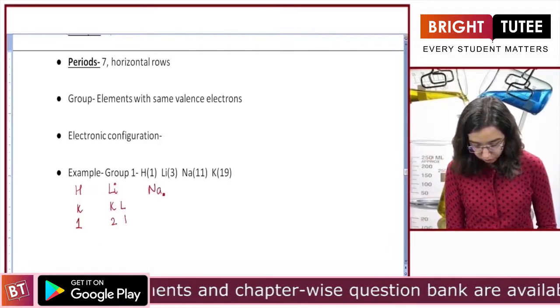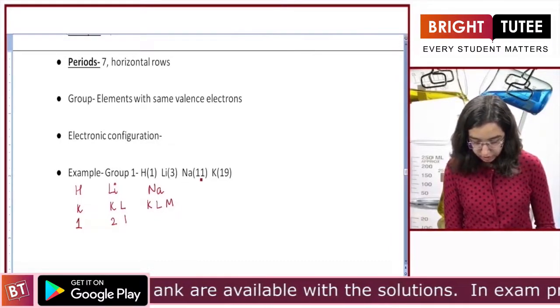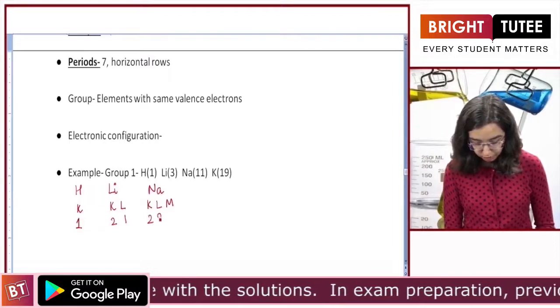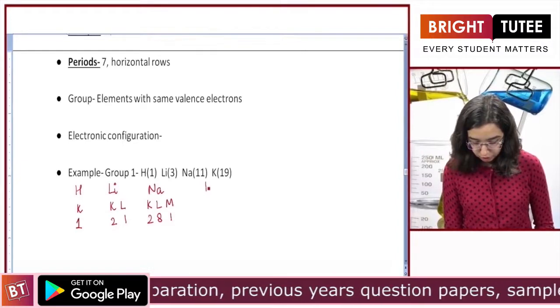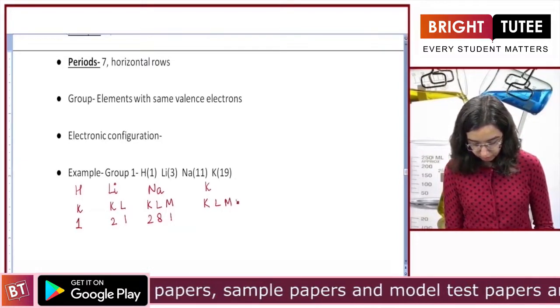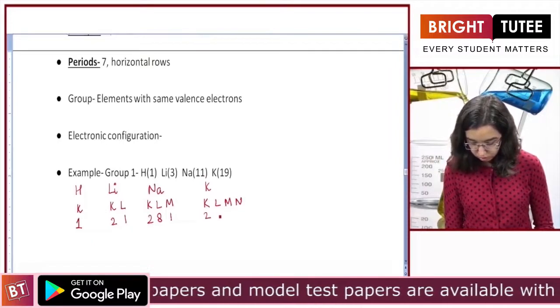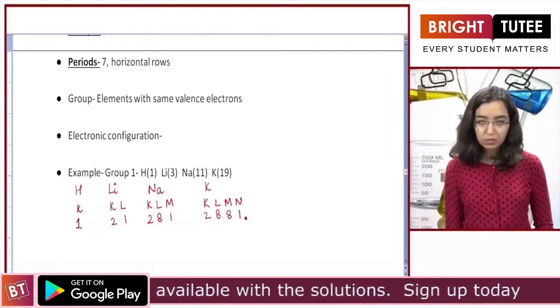Then we move on to sodium. It has K shell, L shell, and M shell. Atomic number 11, so 2, 8, 1. Potassium, atomic number 19: K, L, M, N, 2, 8, 8, 1. You add them and it's 19.